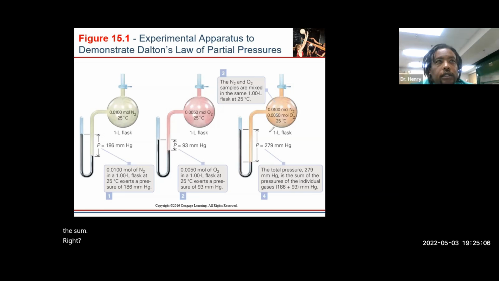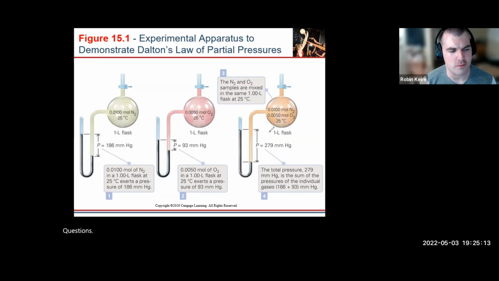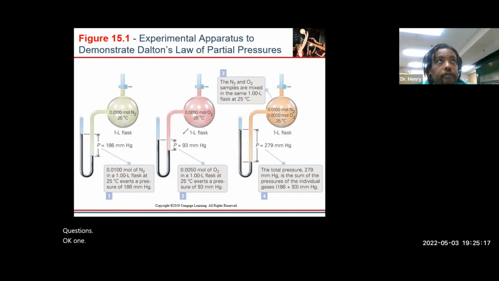Questions? Okay. Is 1 millimeter of mercury the same as 1 torr? Yes. Yep.